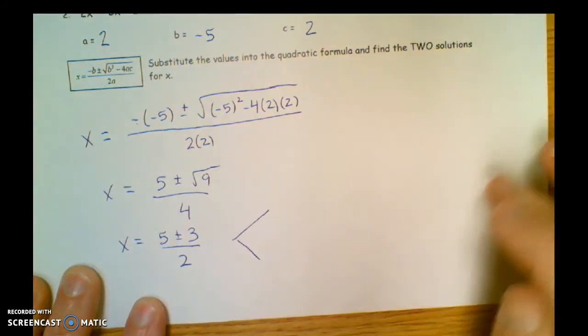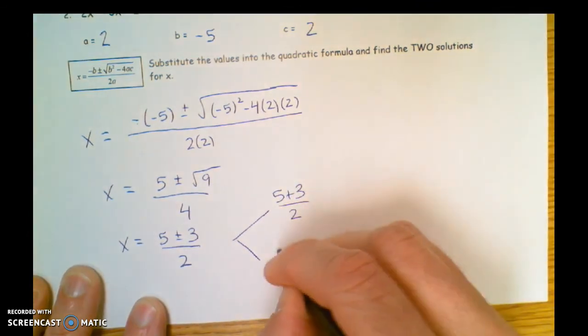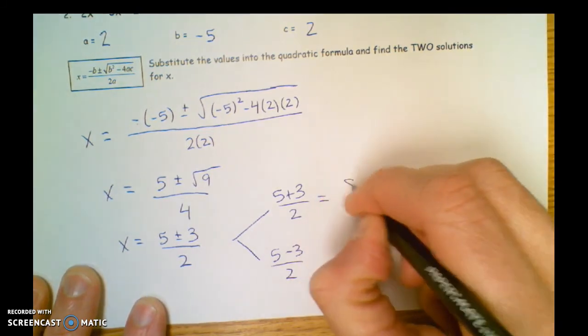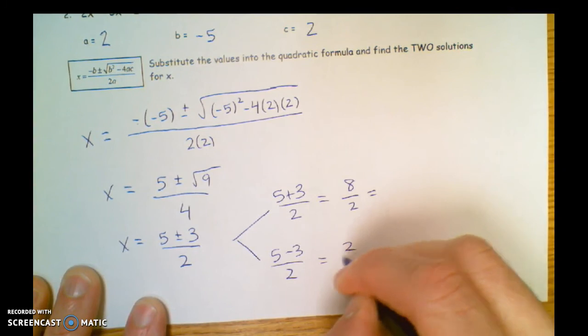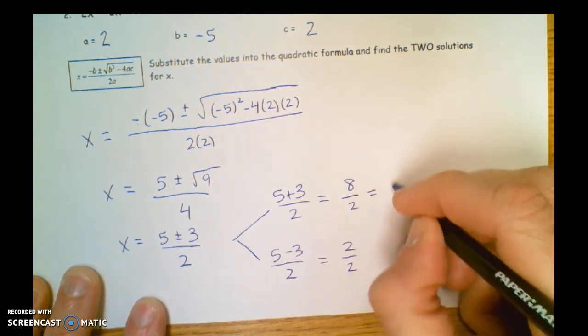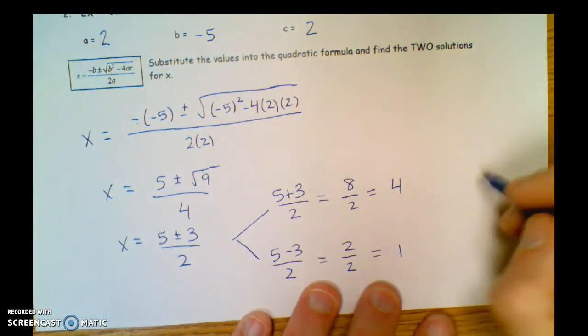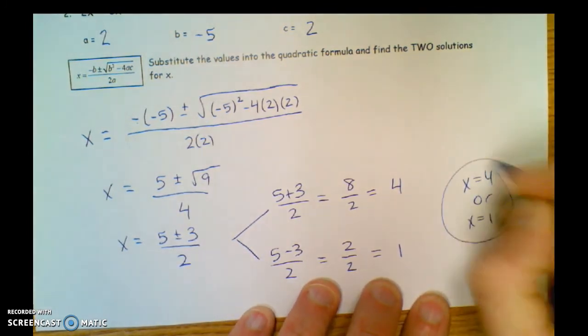And now you can branch it out. 5 plus 3 over 4, or 5 minus 3 over 4. 5 plus 3 is 8. 5 minus 3 is 2. 8 divided by 4 is 2. 2 divided by 4 is one half.